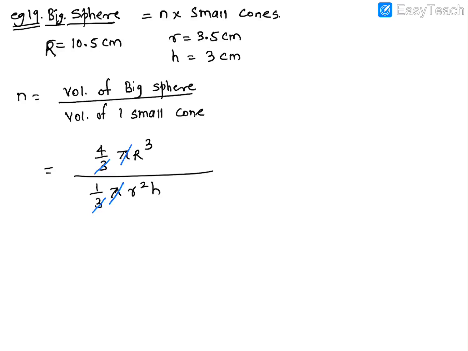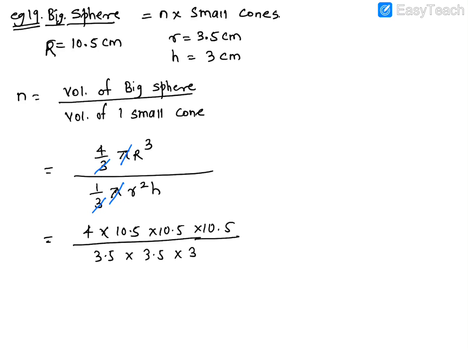Now let's start substituting again. So on substituting, we will get 4 into big R cube. So that's 10.5 into 10.5 into 10.5 divided by 3.5 into 3.5 into 3.